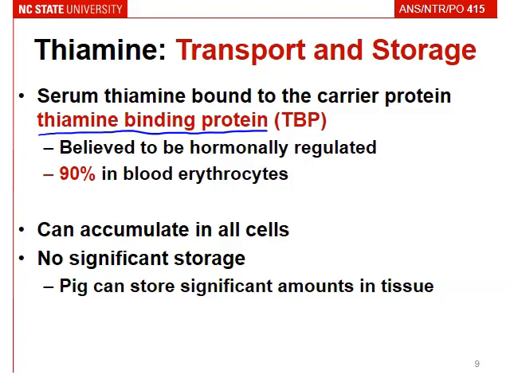However, we really don't end up with a significant amount of storage. The one exception to that rule is the pig. The pig can store pretty significant amounts of thiamine within its tissues, but the majority of the rest of the animals can store some, but it's not significant, and it's not going to be prolonged like some of the fat-soluble vitamins in the liver.